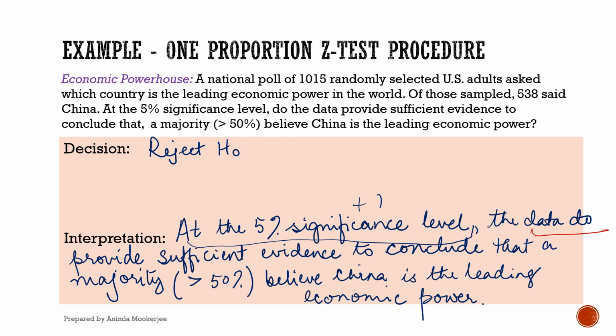In the grading process, we will look for the phrase do provide sufficient evidence, and then whether you have interpreted it in context of the problem that we worked on, to conclude that a majority greater than 50% believe China. So the interpretation itself carries 3, 4, or 5 points depending on what the study is about.